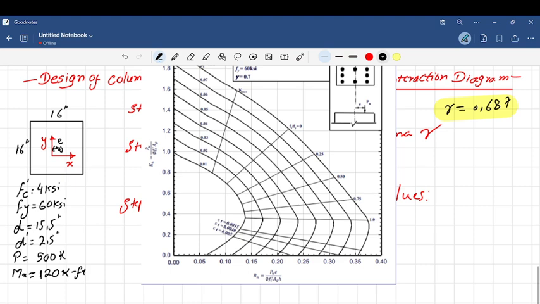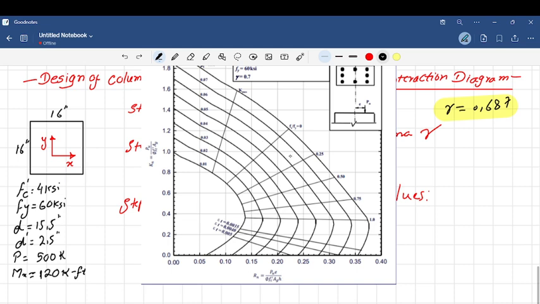This is the centroid and this is the point where the load is applied. If we multiply this e by the given Pu, we get this moment, so Pu times e is basically our Mx in this case. So the equation for Rn is Mu divided by phi f prime c Ag times h.